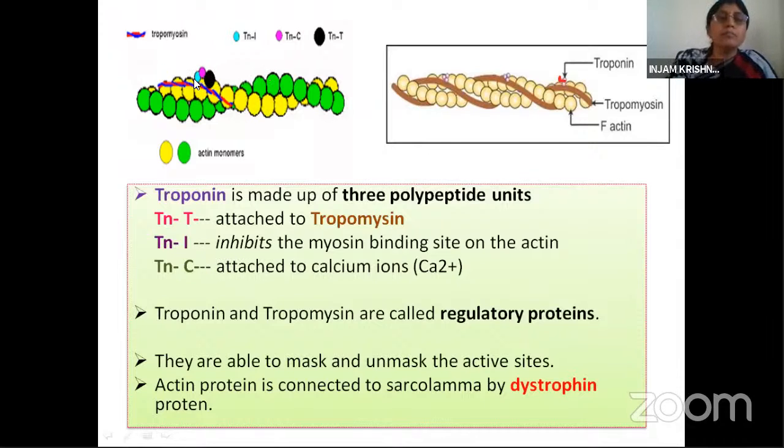The third polypeptide unit is TNC. TNC binds calcium ions. Calcium ions are released into the sarcoplasm, and from the sarcoplasm the calcium ions move towards this TNC unit.